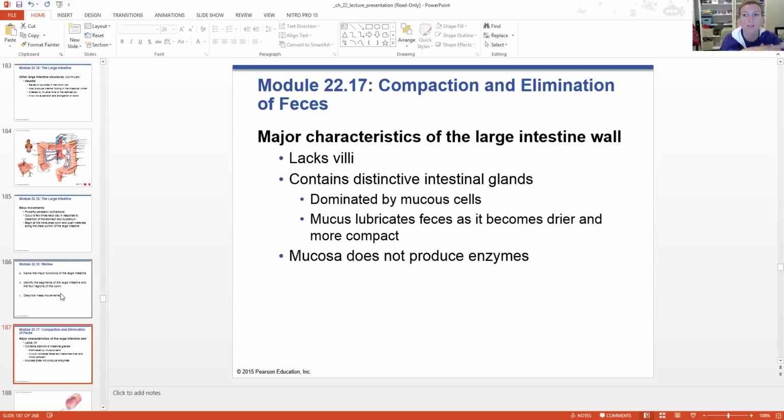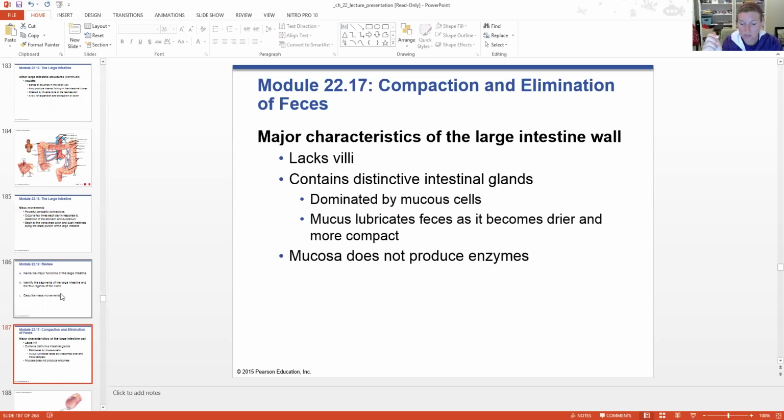Because remember, one of the main functions of our large intestine is to reabsorb water. Well, when you dehydrate this undigestible material, it's going to get very tough and hard, which is going to make it very difficult to slide through the rest of the colon and the rectum. So the mucus glands are going to actively secrete mucus to help it move along much more easily.